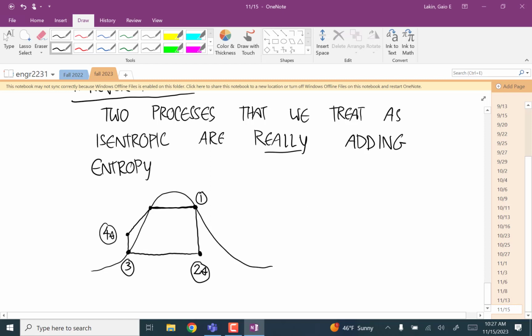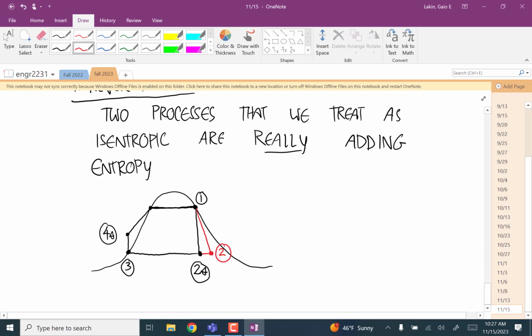Okay, but what really happens is there's entropy added during this process from 1 to 2. And since the horizontal axis is entropy, it would look something like this. And this is the real state 2. And the same thing with the real state 4.